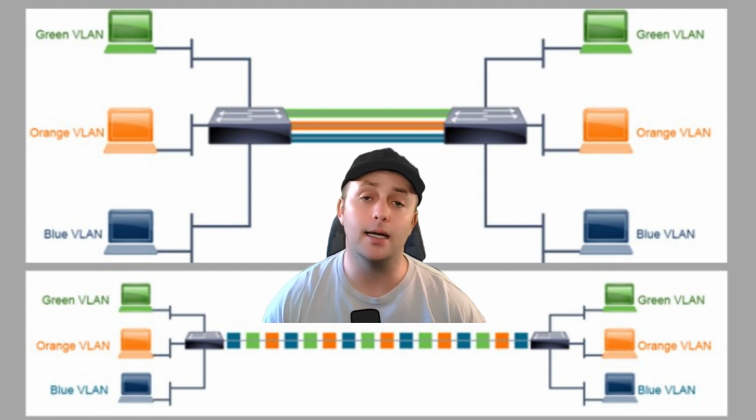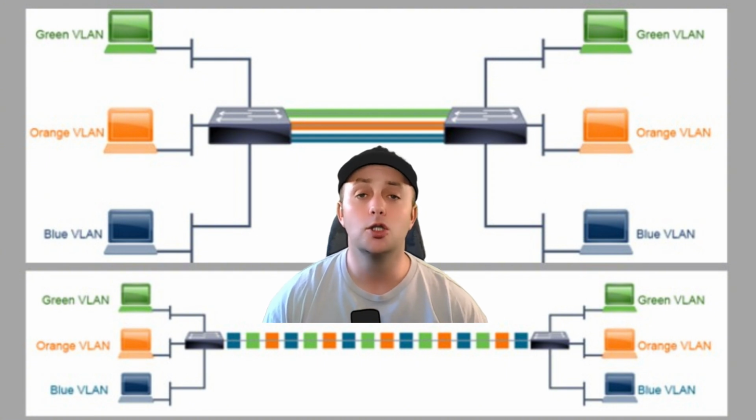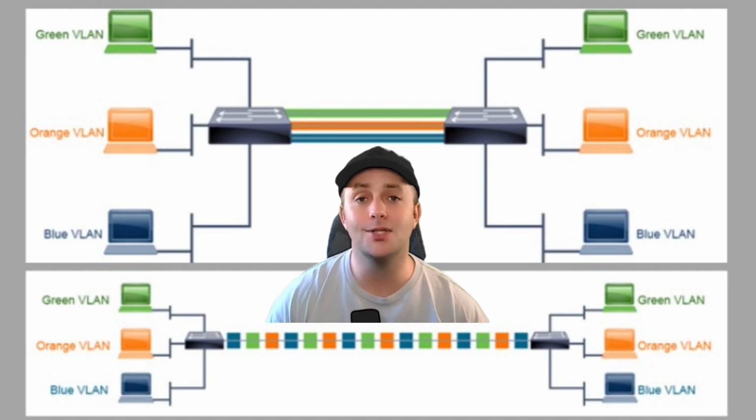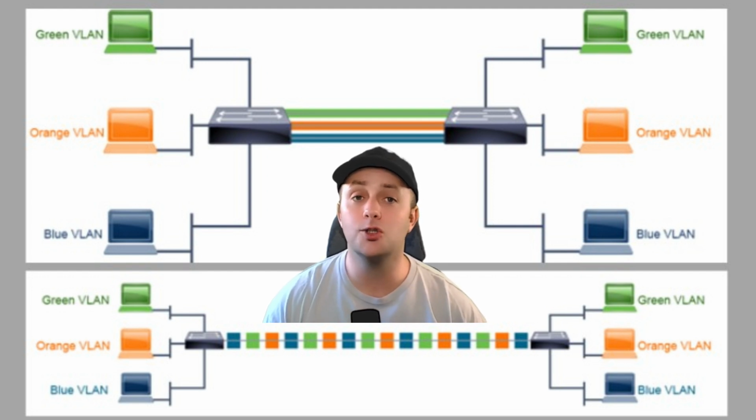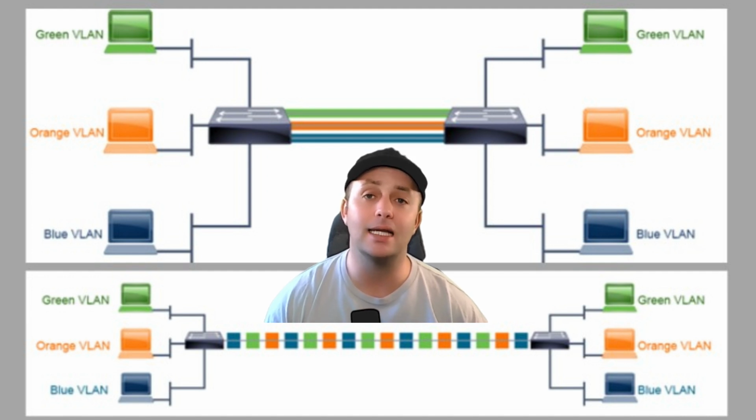Trunk ports, on the other hand, are used to carry traffic for multiple VLANs. Trunk ports are typically used to connect switches to each other or to routers. When traffic travels across a trunk port, it's tagged with a VLAN ID, which tells the receiving switch which VLAN the traffic belongs to. VLAN tagging is what makes this whole system work.